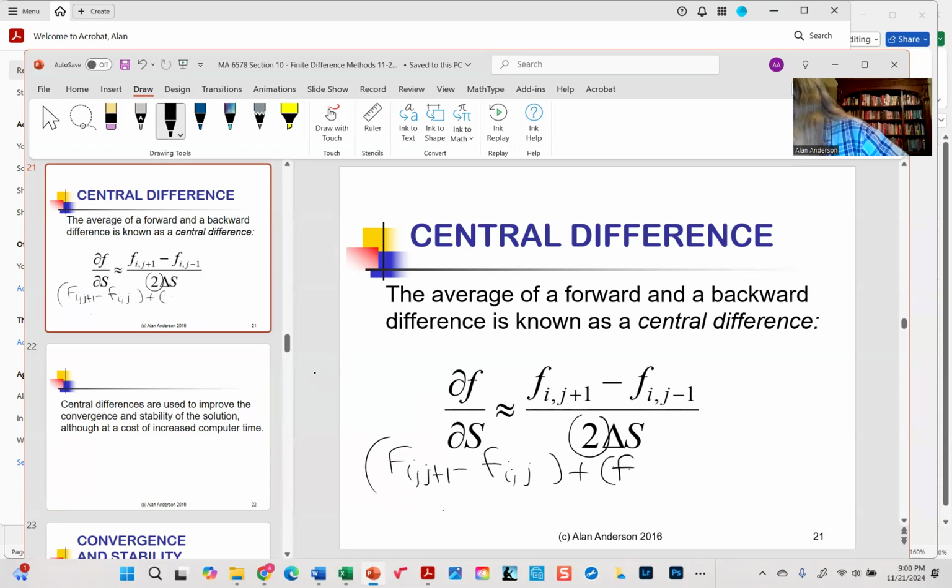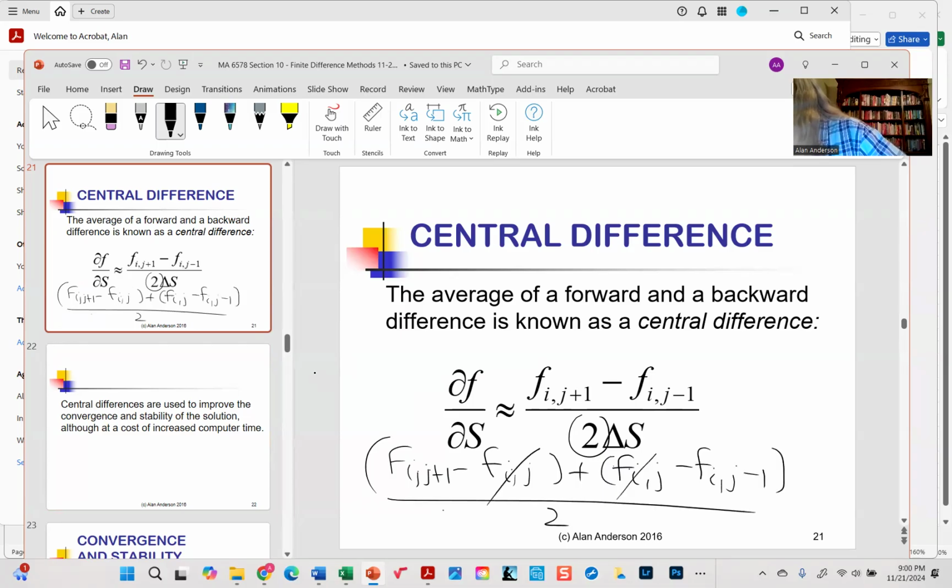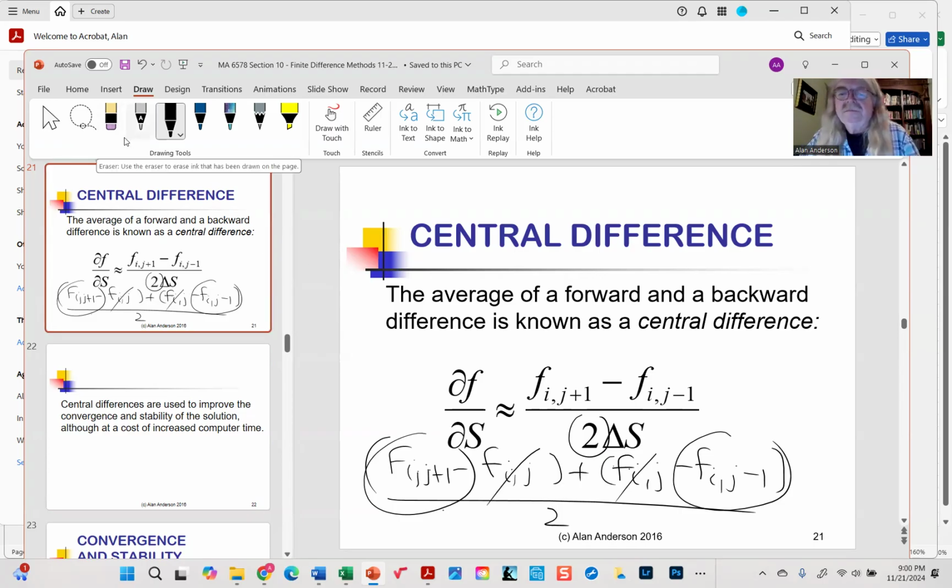Averaging these two out. Yes, that's right. And that's where the 2 would come from. These drop out. There we go. That's what I needed. This minus this is divided by 2. And then the delta S shows me the change in the level.